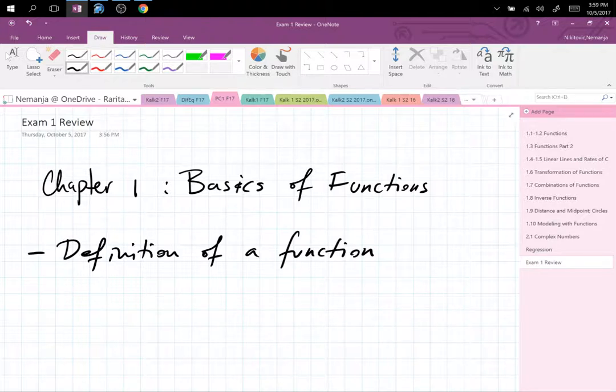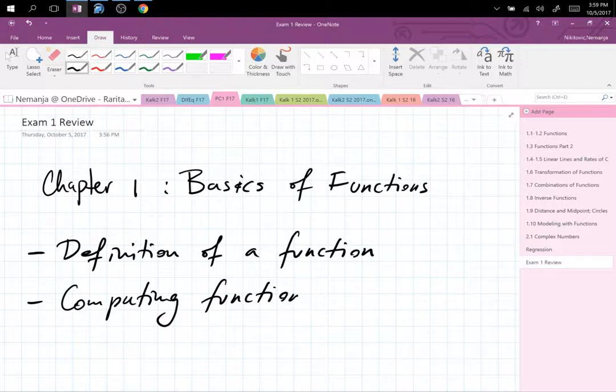You have that statement in my notes and stream, and you also have it in your notebooks if you wrote it down. Make sure you state it the way it's stated. Then we have computing functions, which deals with something like f of -5 and so on.